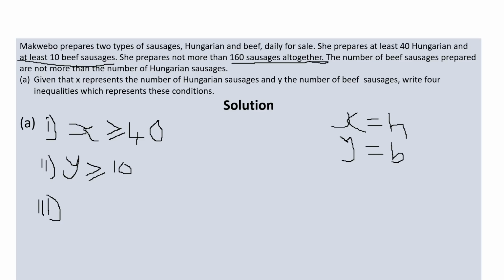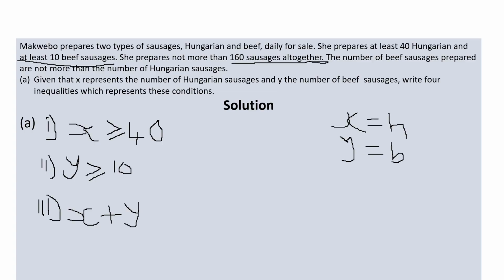So all the sausages together shouldn't be more than 160, meaning you add the two sausages: Hungarian, represented by x, plus beef, y.